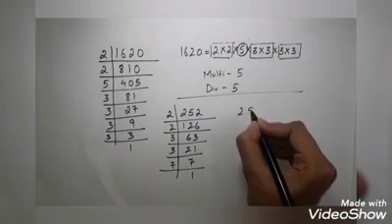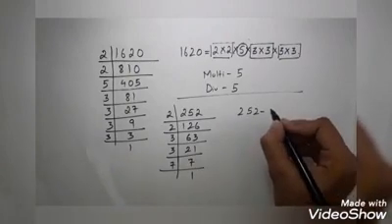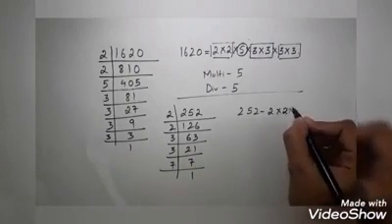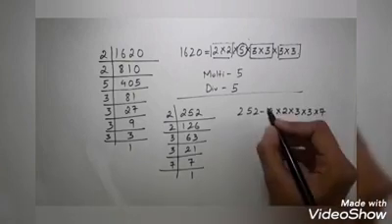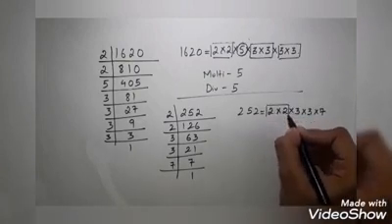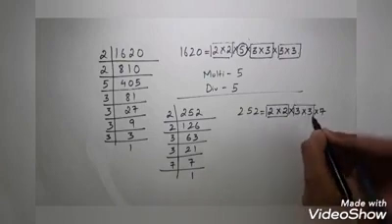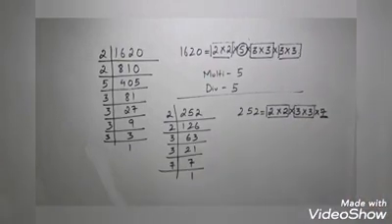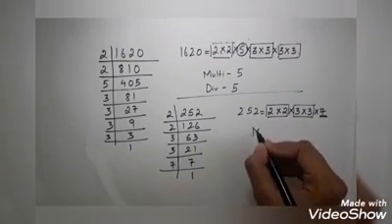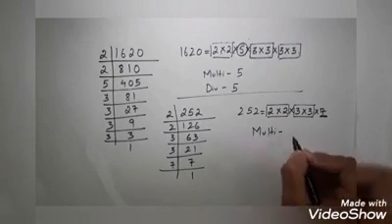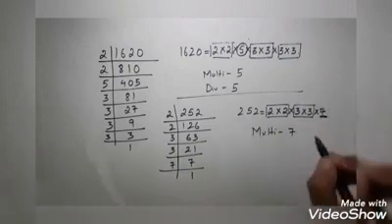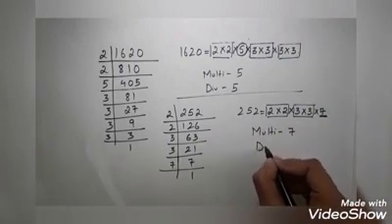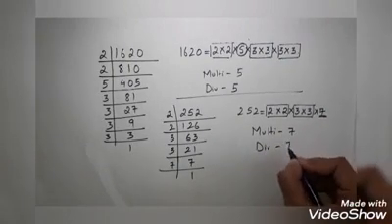So 252 can be written as 2 into 2 into 3 into 3 into 7. So this will make one pair, this is another pair, and here 7 is left. So when I have to multiply with the smallest number, I have to multiply with 7 so that I can get a pair here, and in case of division I have to divide with 7.